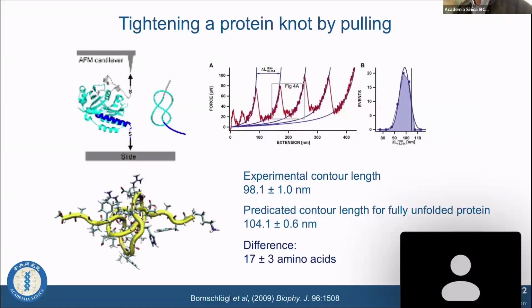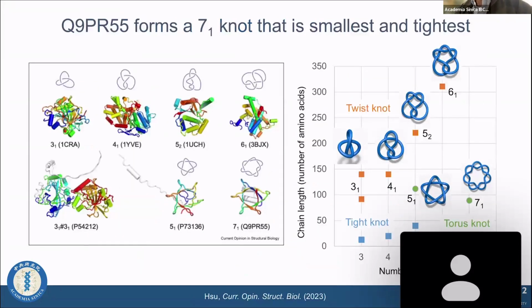The experimental evidence of a tight knot that I showed you earlier was reported by AFM pulling experiments of a 4-1 knot. In their case, the tight knot size is about 17 to 20 amino acids. If we look at the literature, the tight knots for the 3-1 knot, 4-1 knot, and 5-2 knots have a size, which I color here in blue, that is relatively small.